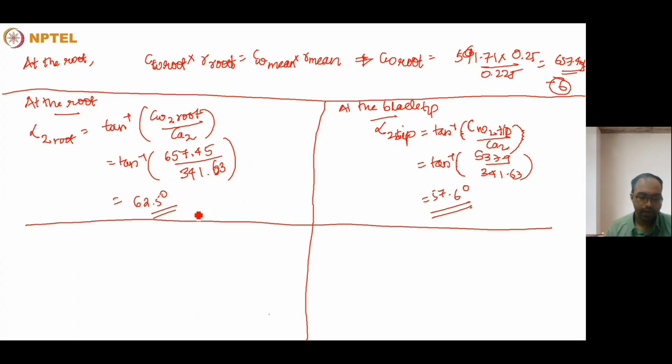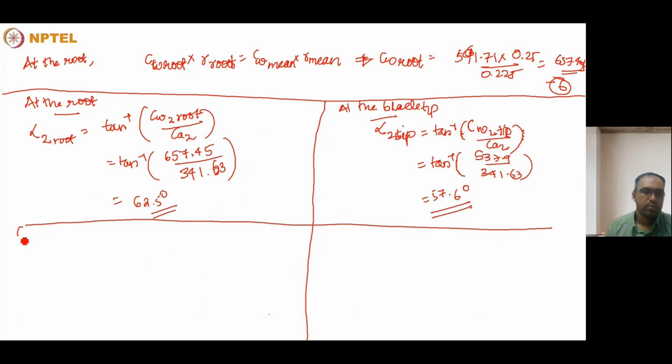The next one, we have to calculate the blade velocity and the static temperatures at these 2 points, at the root as well as the tip. The not blade velocity, the actual velocity.